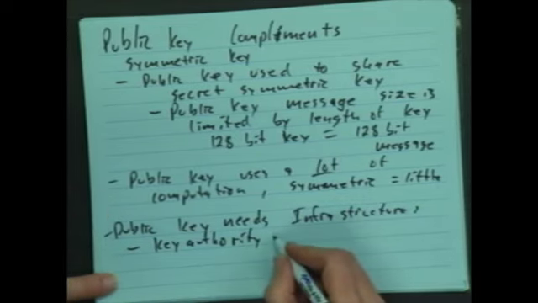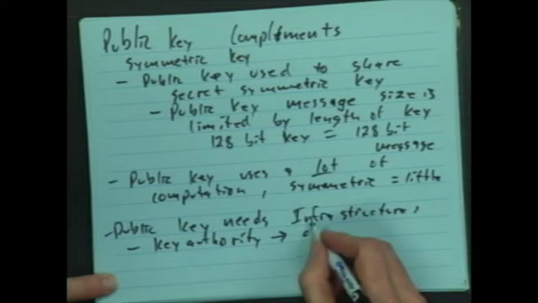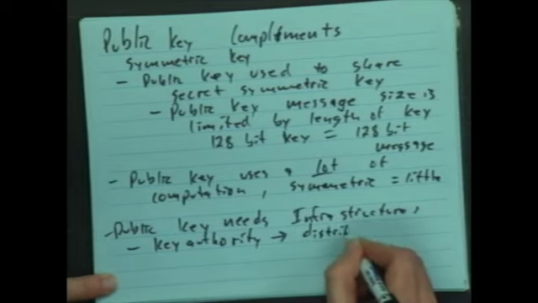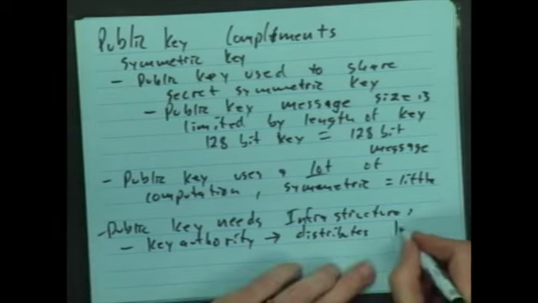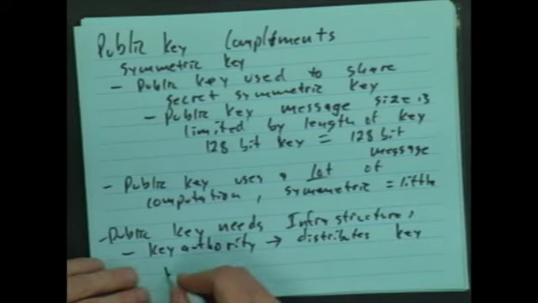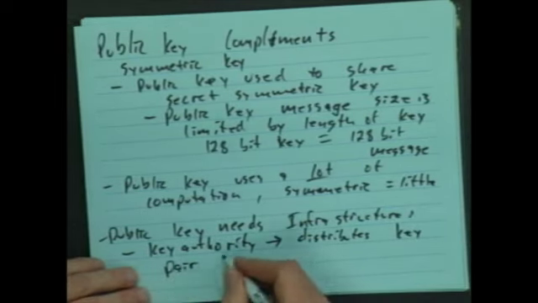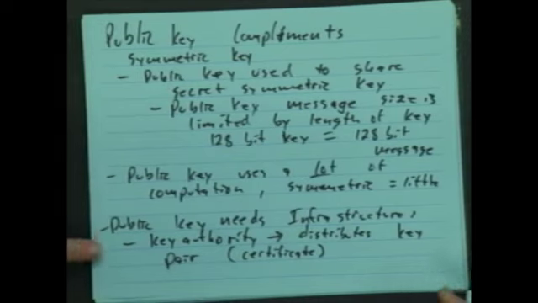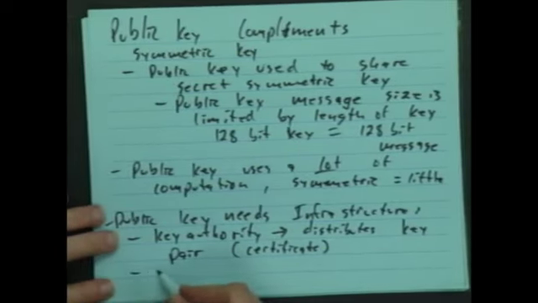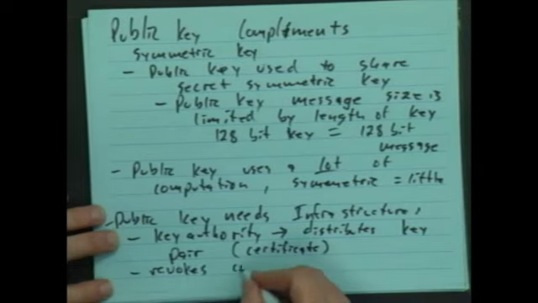A key authority is the master server that distributes the key pairs. And the key pair, by the way, is called a certificate. So a key authority distributes a key pair, and it also revokes compromised keys.